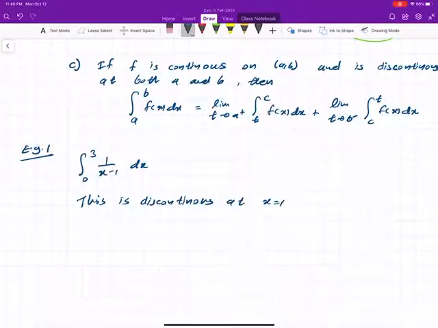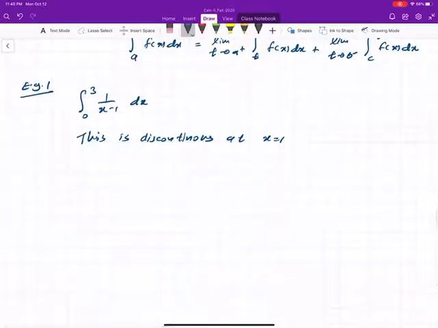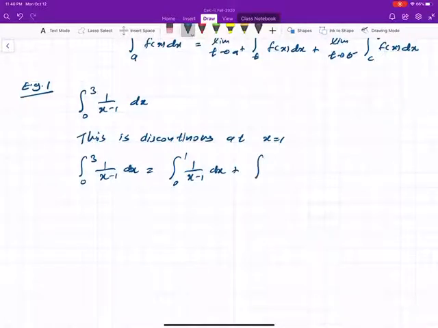All right, so what do you do now? Now you just split this integral into two integrals. Let me explain how you split this. You split this into two integrals, that is integration from 0 to 3 1 over x minus 1 dx equals integration from 0 to 1 1 over x minus 1 dx plus 1 to 3 1 over x minus 1 dx.